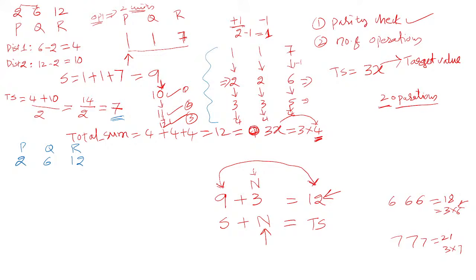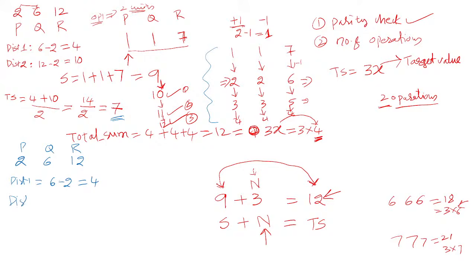The smallest number has a distance with the second number. So distance 1 I am calculating. It has 6 minus 2, 4 units distance. You can find out the gap between the first number and the second number, because you need to fill the gap, then only they become equal. You should reduce that gap, then only they become equal. Yes or no? So the gap between the first and second number is 4 units.